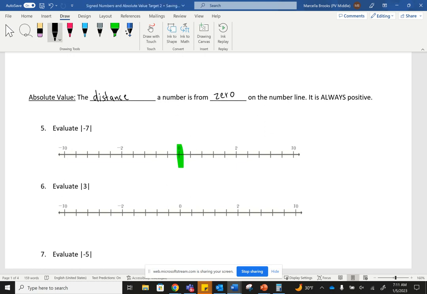So find -7. This number line is upside down, so sorry about that. Here's -1, -2, -3, -4, -5, -6, -7. So here's -7 right here. What other number is the same distance away from 0? It's +7 right here.